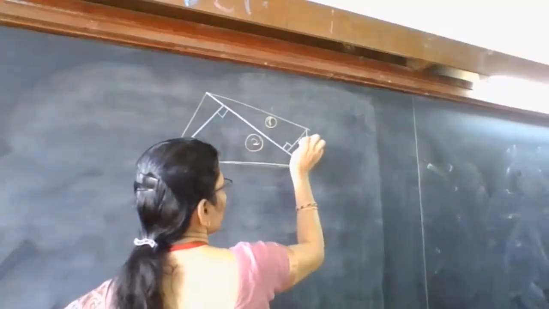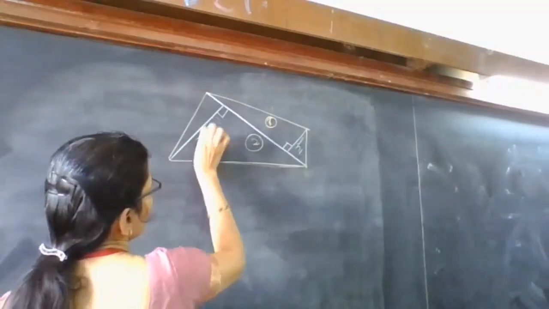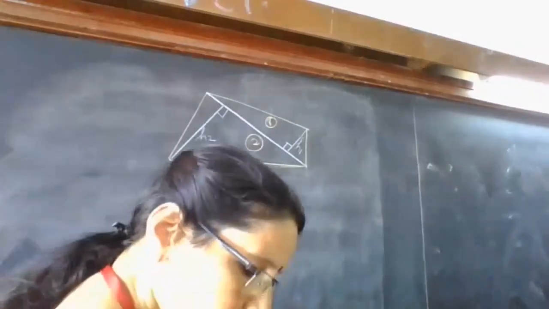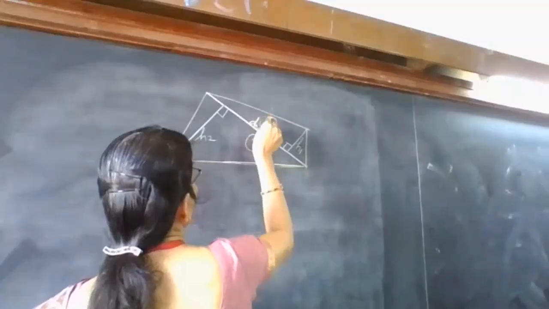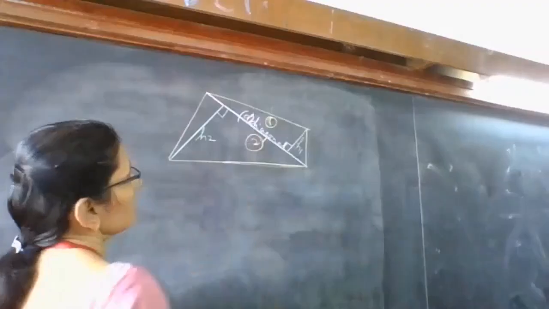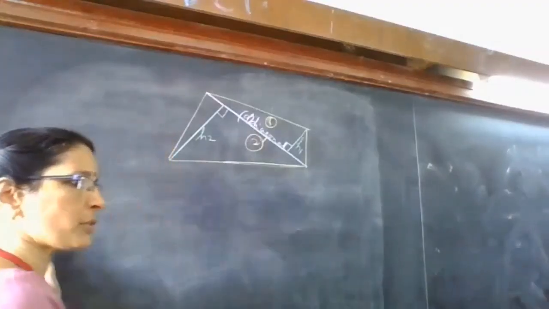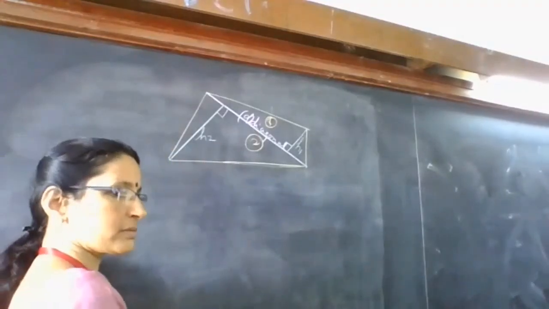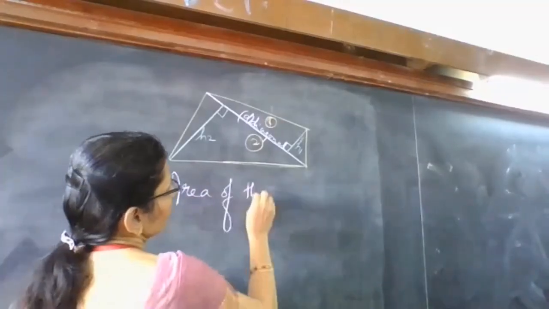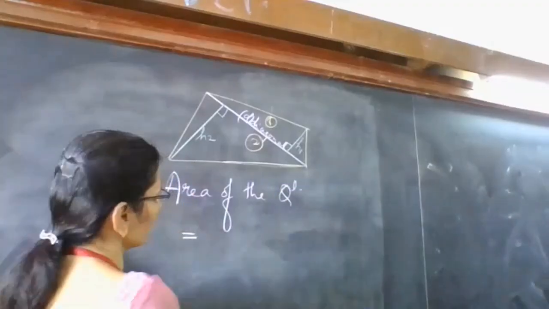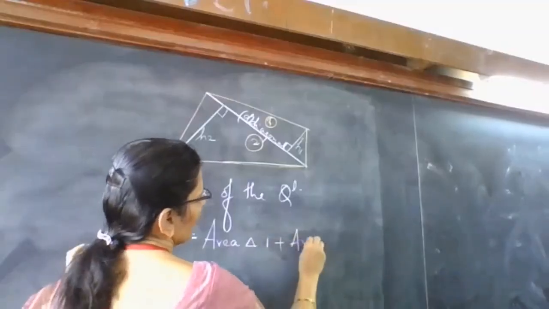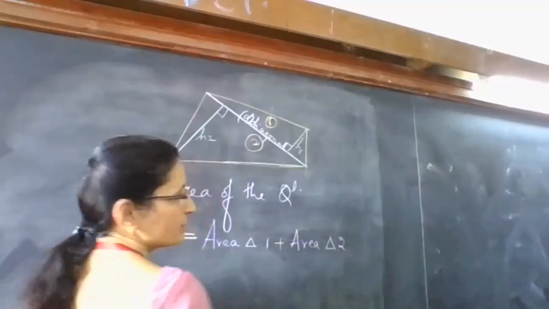If I consider this as H1, this as H2, and the white one, whichever is drawn, as D, diagonal D. Then, without memorizing the quadrilateral's area formula, can we reach the area? So, area of the quadrilateral is equal to area of triangle 1 plus area of triangle 2.